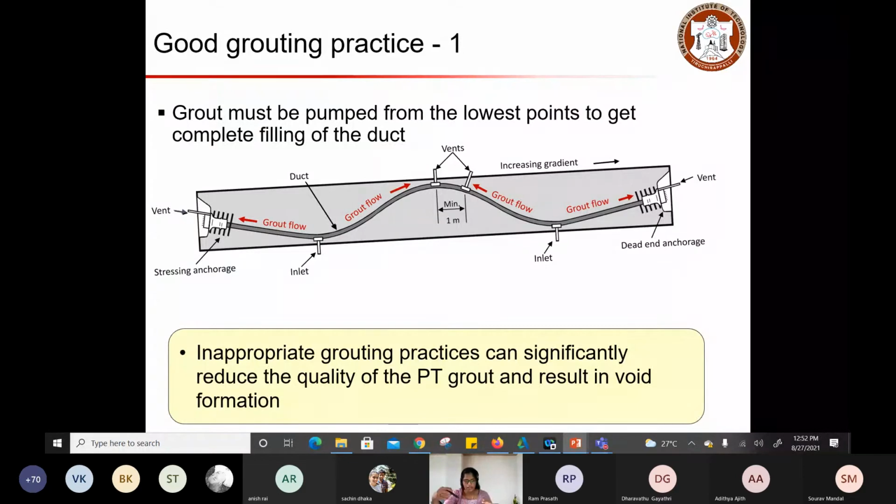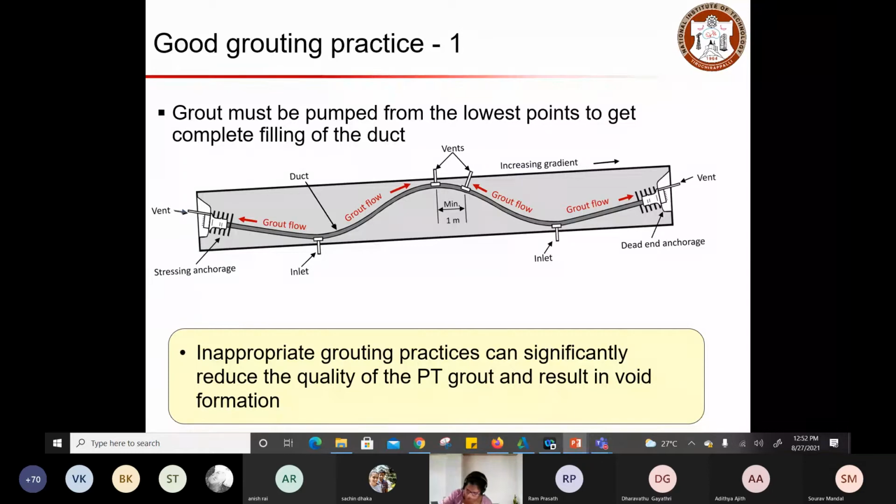Whereas when you go the other way, pumping the grout from the lower point to the upper point, you are going to push the grout upwards. And once it has come out from the other end, you can ensure that all the spaces between the duct and strands got filled by this process.